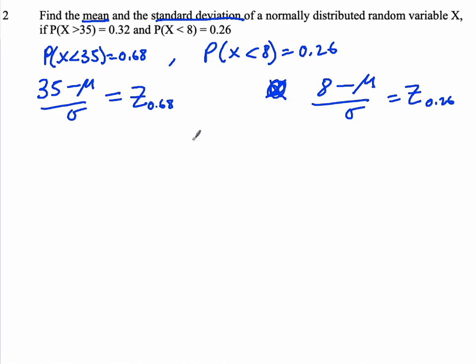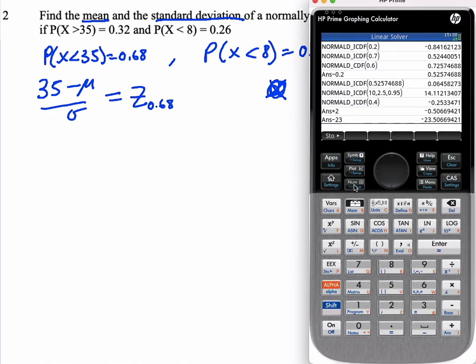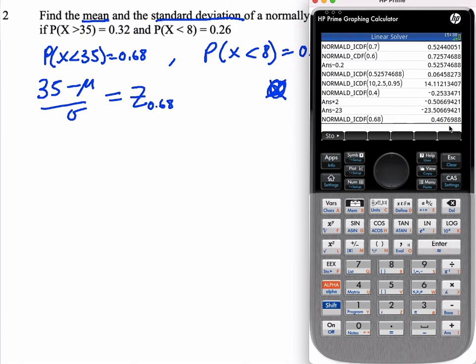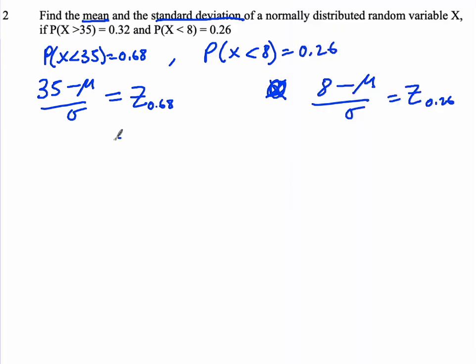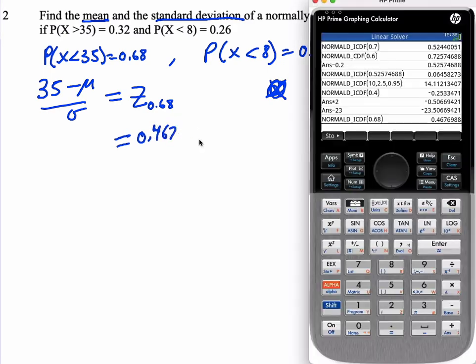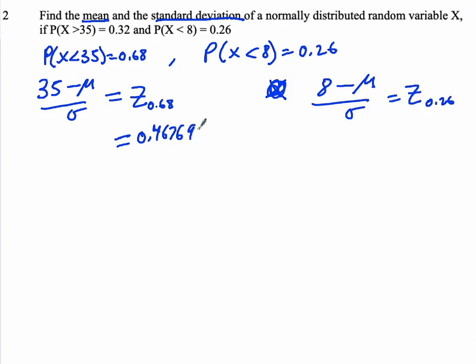Okay, so let's find those numbers in our calculator. We can go to, again, this function right here. We type in 0.68. And we get 0.467. We want a lot of digits to be more accurate in our answer later. So let's write them all out. So 35 minus mu over sigma equals that.